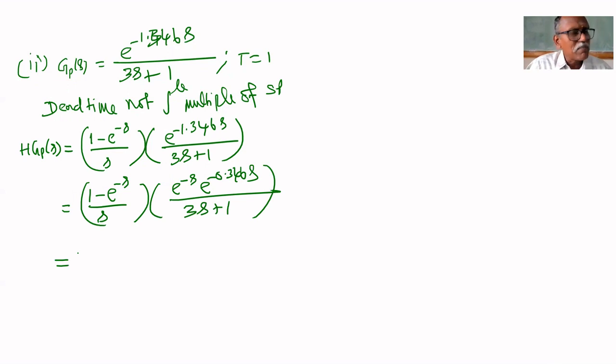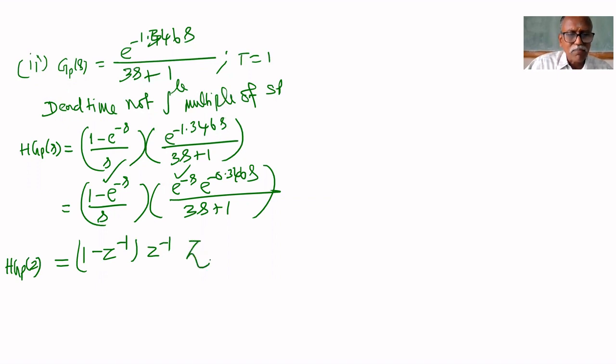Whatever is an integral multiple of the sampling period can be taken outside in terms of the Z transform. That's why HGP of Z equal to 1 minus Z power minus 1 for this part, and Z power minus 1 for this part. The remaining part is the modified Z transform of e power minus 0.346 S upon S multiplied by 3s plus 1.